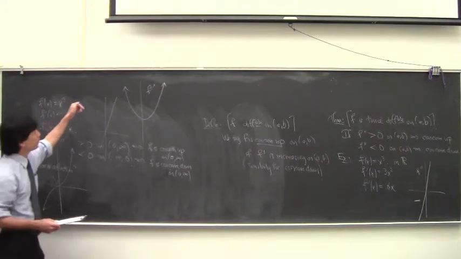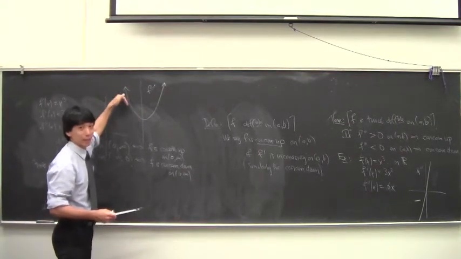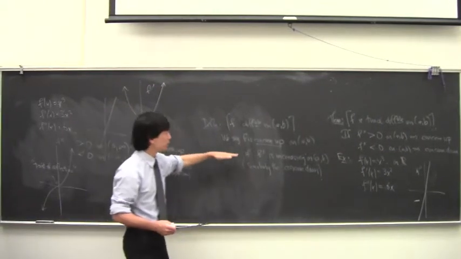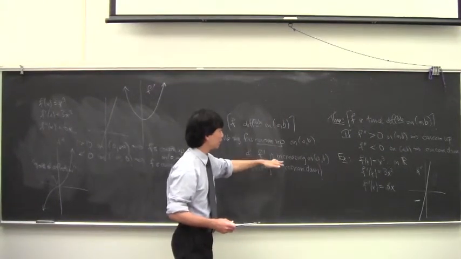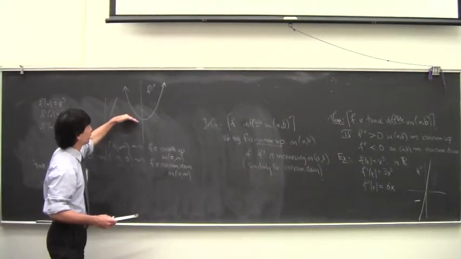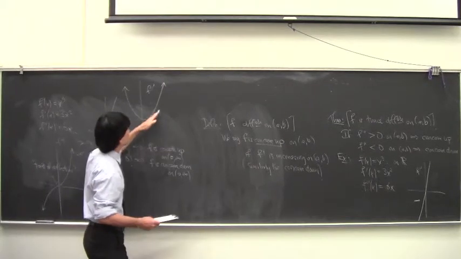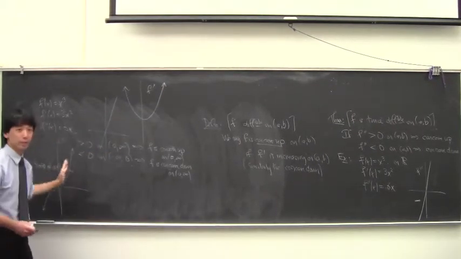But you notice that the derivative, although it's positive, is decreasing here. And decreasing derivative is what we call concave down. The derivative is decreasing here, that's where the function is concave down. The derivative is increasing here, that's where the function is concave up.